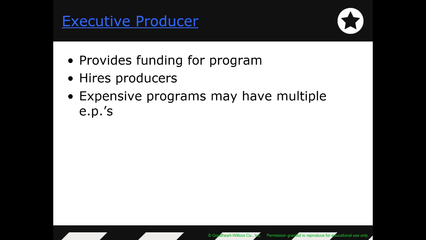An executive producer is providing all the funding for that program to happen. They then hire producers to actually build and create the content, essentially the outline of a show or a movie. Big programs will probably have multiple EPs.